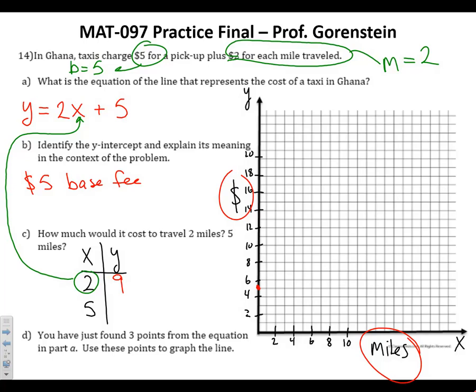So for 2 miles, you're paying $9. When x is 5, we plug 5 into our equation. 2 times 5 is 10, plus 5 more is 15. So for 5 miles, you're paying $15.